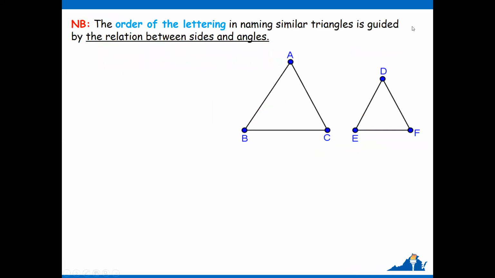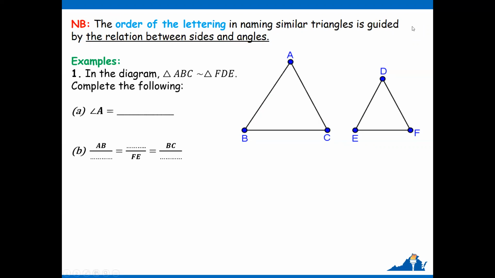Let us note that the ordering of the lettering in naming similar triangles is guided by the relation between sides and angles, right? As an example, let us look at the diagram. We are already told that triangle ABC is similar to triangle FDE.